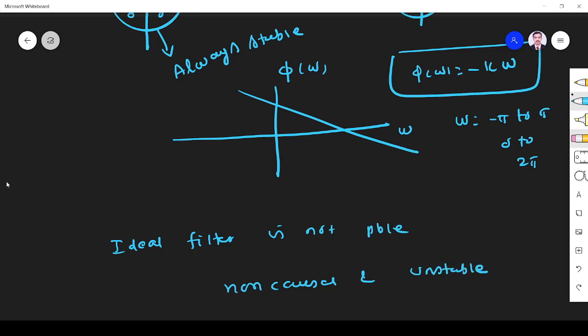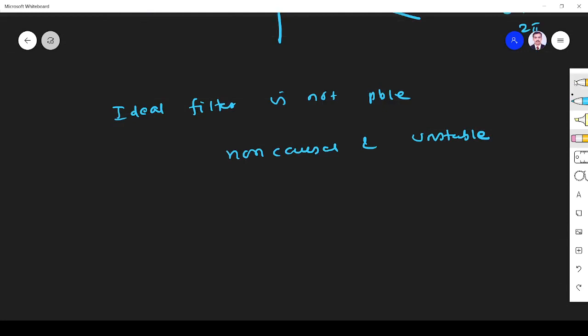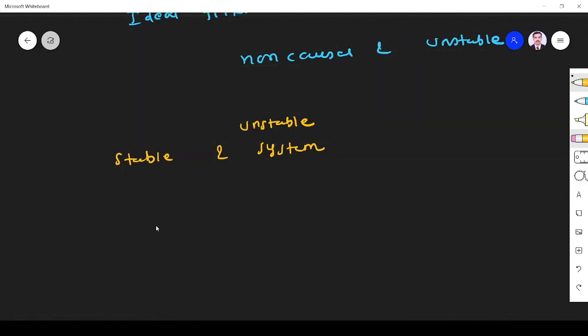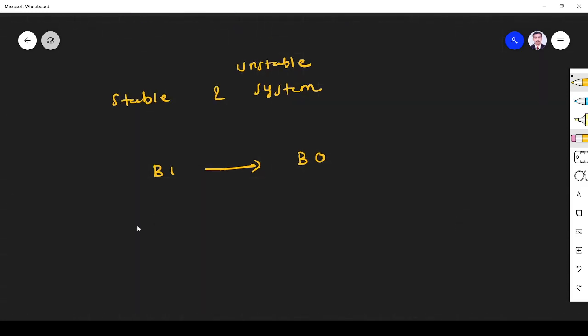I think I forgot to mention stable and unstable systems. If bounded input produces bounded output, then it is called a stable system. What do you mean by bounded input?